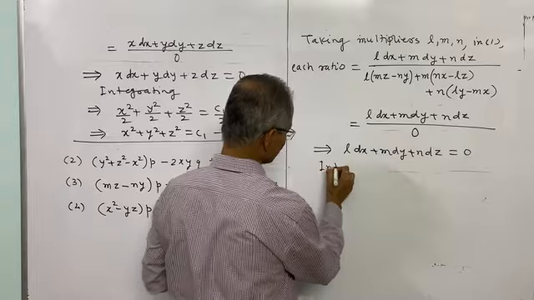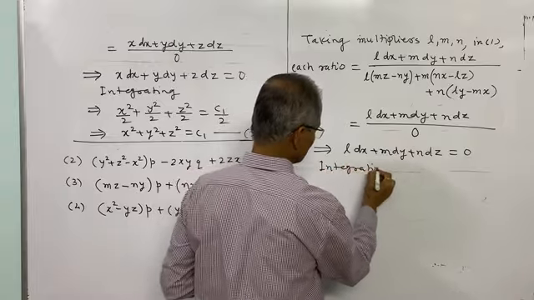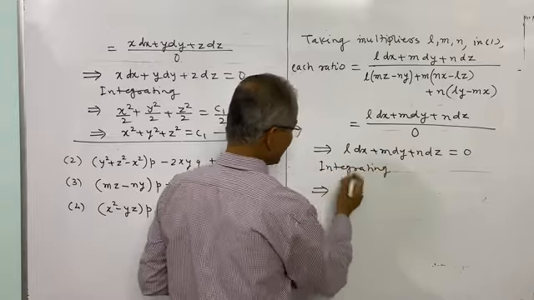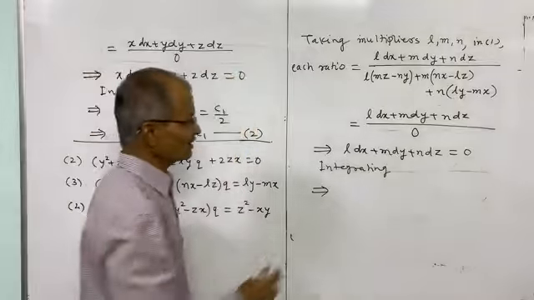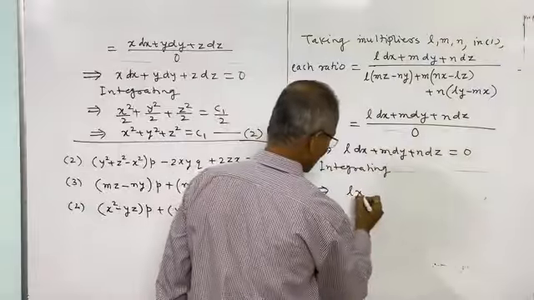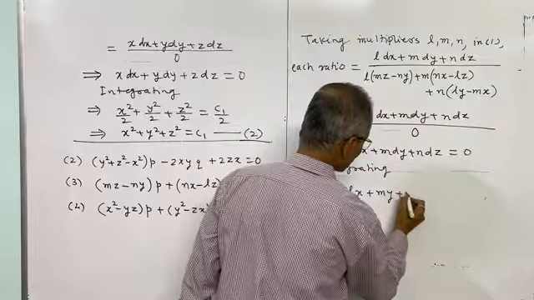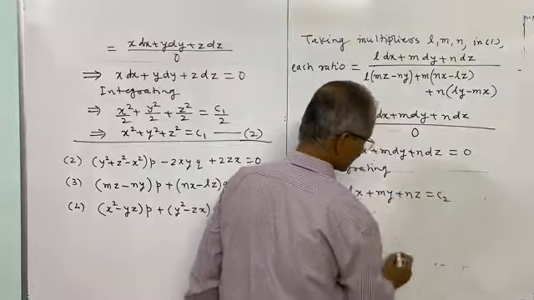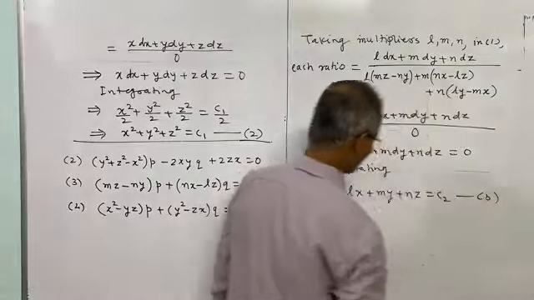Integrating, since L, M, N are constants and the integration of dx is x, we get L into x plus m into y plus n into z is equal to a constant. And this is our second solution.